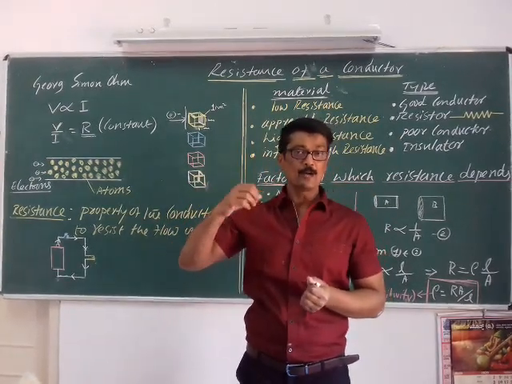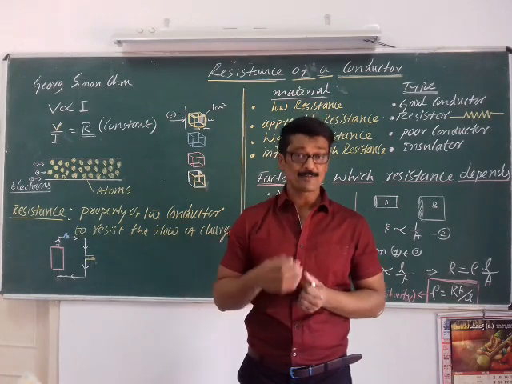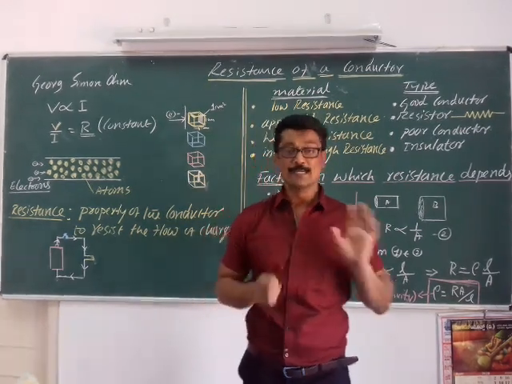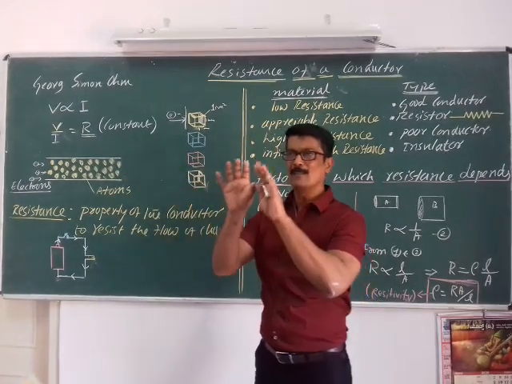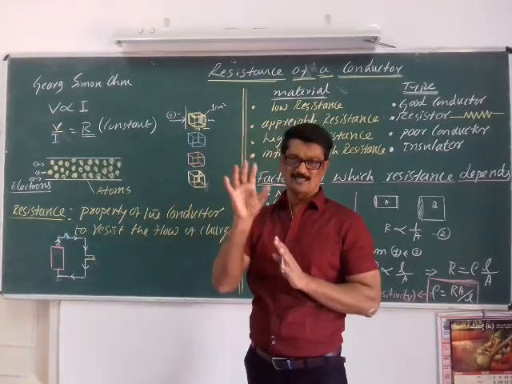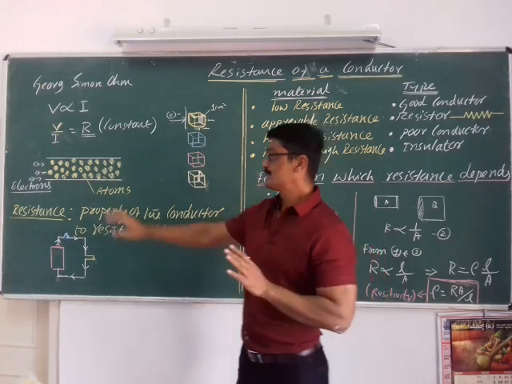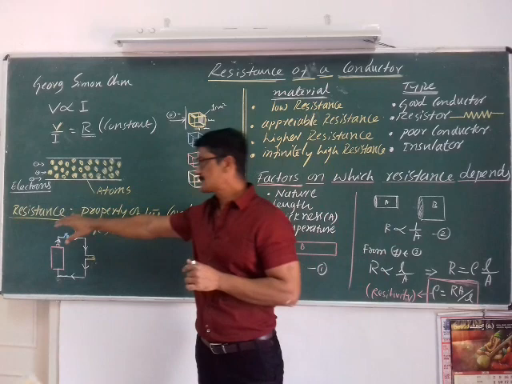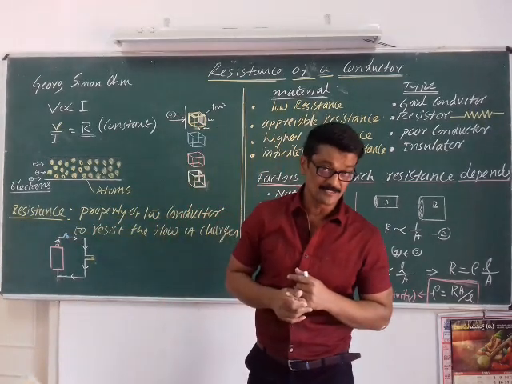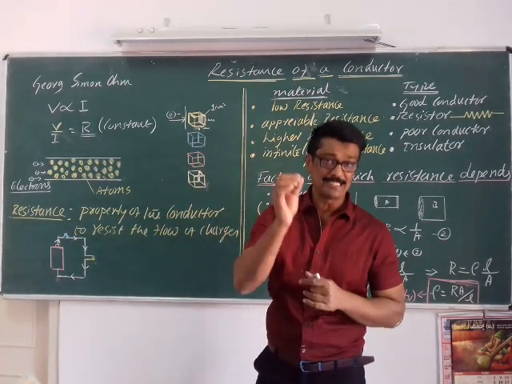They have to overcome the force of attraction for their movement. So we can say there will be some obstruction or opposition to the flow of charges, and this obstruction is what is called as resistance of the conductor, of the material.